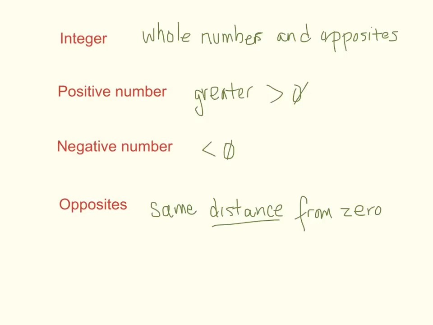So you only have one opposite. So if I said -7, it only has one opposite, which is +7. There is only one other way to get to 0 other than from the left, and that's from the right. Okay, now you've got some good terms. We're going to use them and put them on a number line.